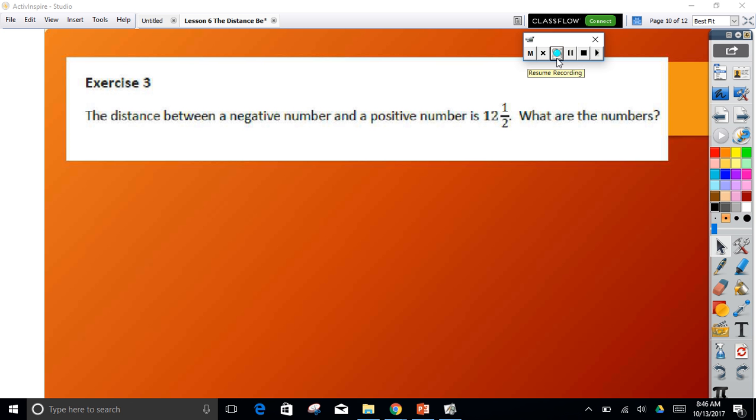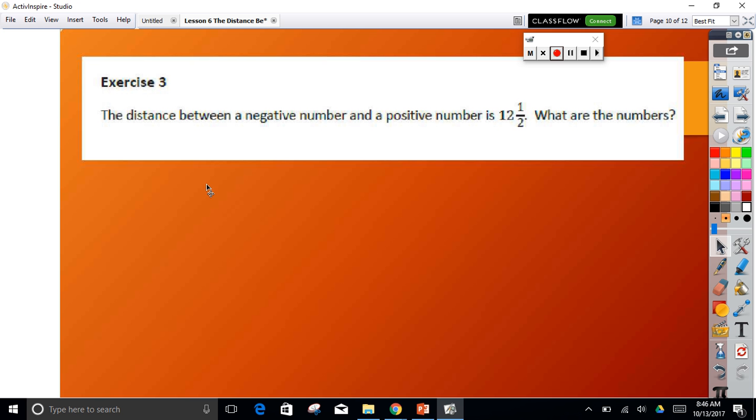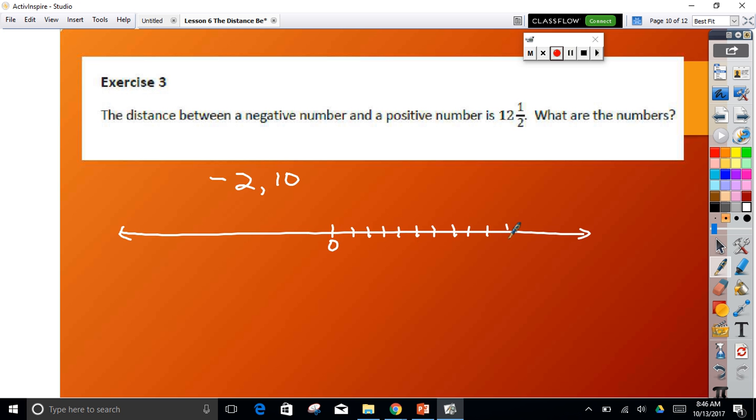Zoe, what's the pair of numbers that you came up with? -2 and 10. Okay, so if we were to plot those on a number line, let's take a second to do that. We would have, let's put 0 here, 1, 2, 3, 4, 5, 6, 7, 8, 9, 10.